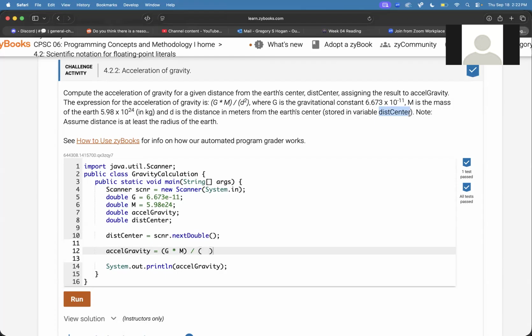So here it's called d squared, but the variable name is dist center. So d squared is going to be dist center squared, and this is how I'll type it: dist center times dist center. So this is my g times m divided by d squared. And I think that's it.